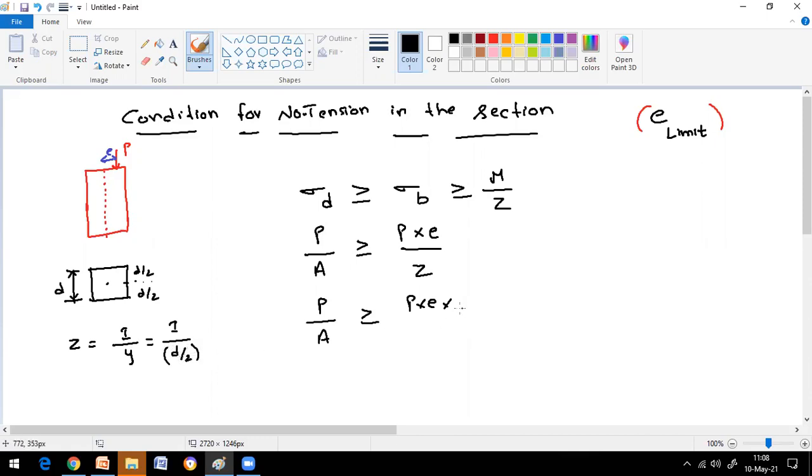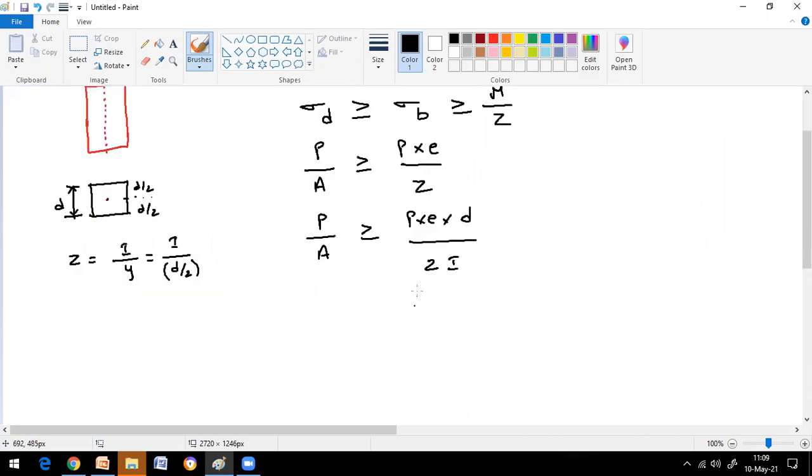So Z can be written as I by d by 2, and the expression becomes P into e into d by 2 times I. Since Z is I by d by 2, I wrote it as d by 2I.